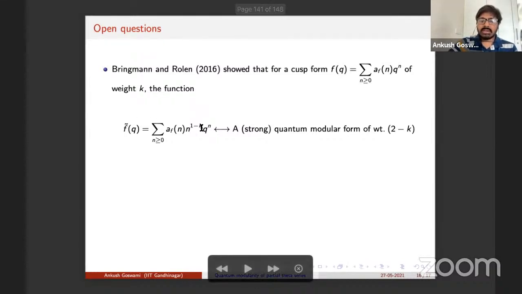And once again, when k is an integer, you can view this function f tilde of q as the antiderivative of the function f of q.